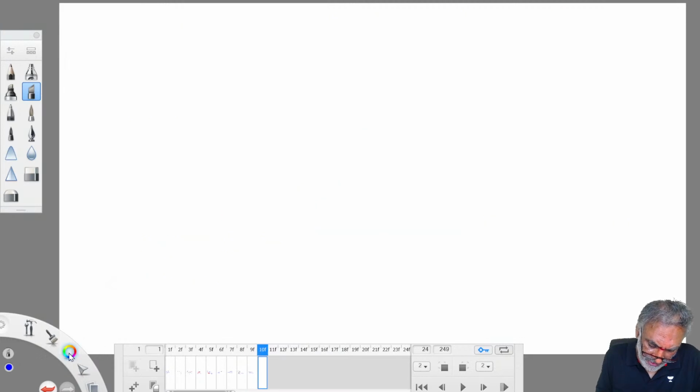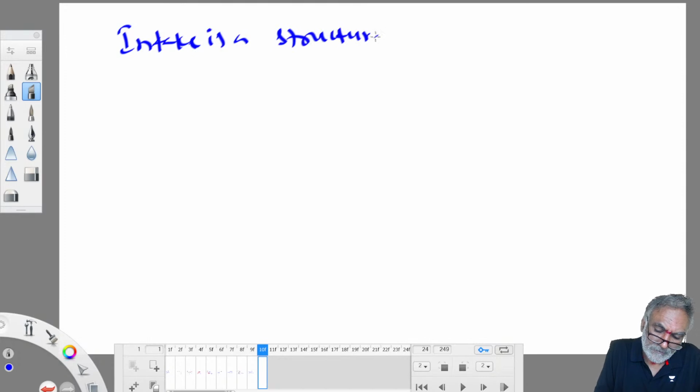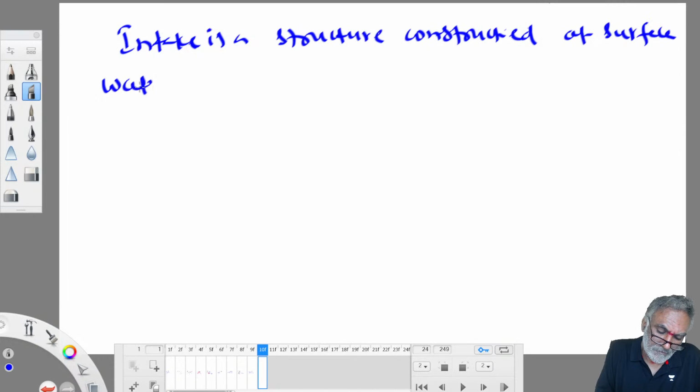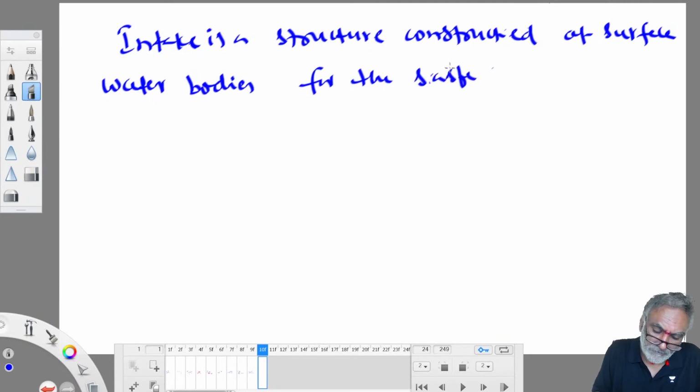So an intake is a structure constructed at surface water bodies for the safe withdrawal of water. Irrespective of the availability of the water resource, we need to collect a constant amount of water.